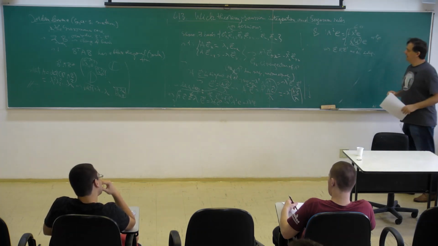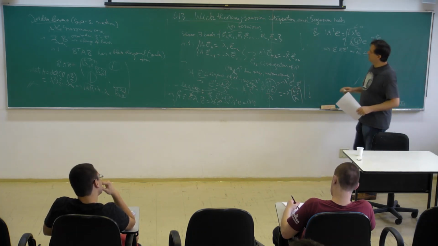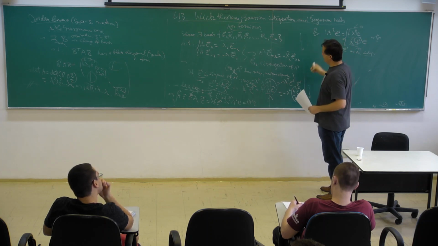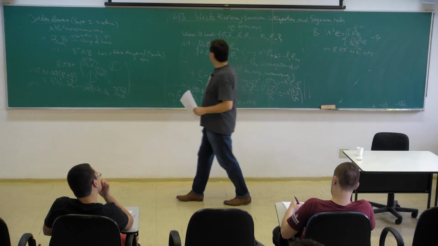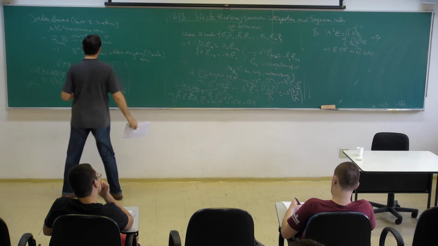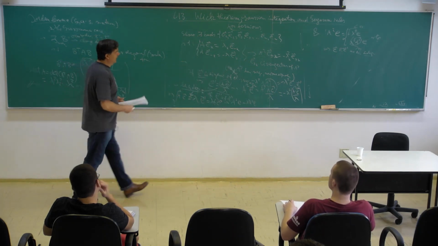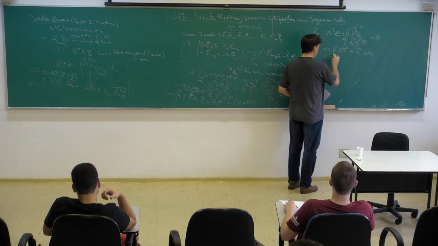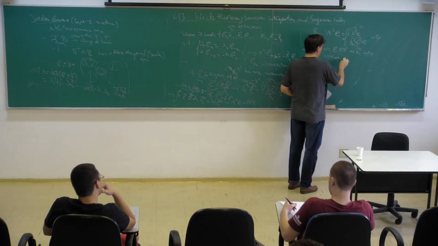Well, but that's still not enough. For this to be a basis, and not just a basis, but for them to reduce to this form, I would still need for them to be orthogonal.